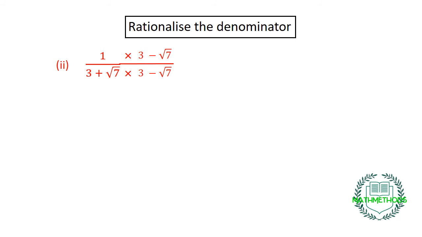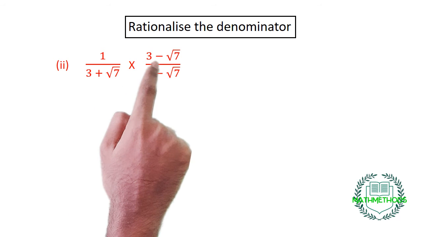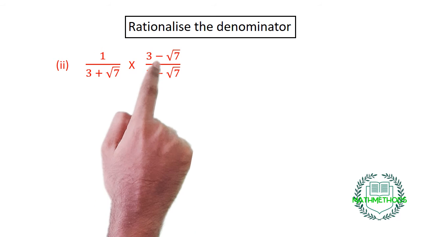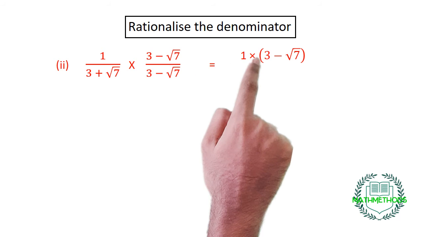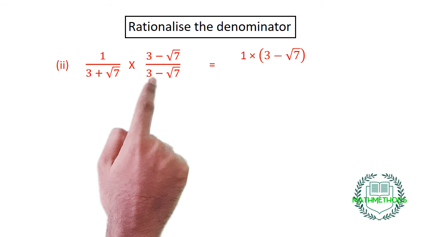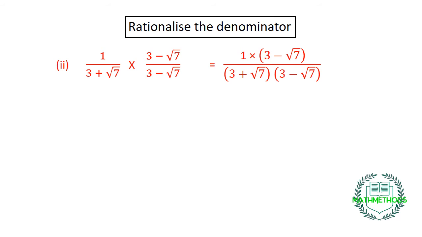Thus, multiply the numerator as well as the denominator by 3 minus root 7. 1 upon 3 plus root 7 multiplied by 3 minus root 7 upon 3 minus root 7. 1 into 3 minus root 7 upon 3 plus root 7 into 3 minus root 7.